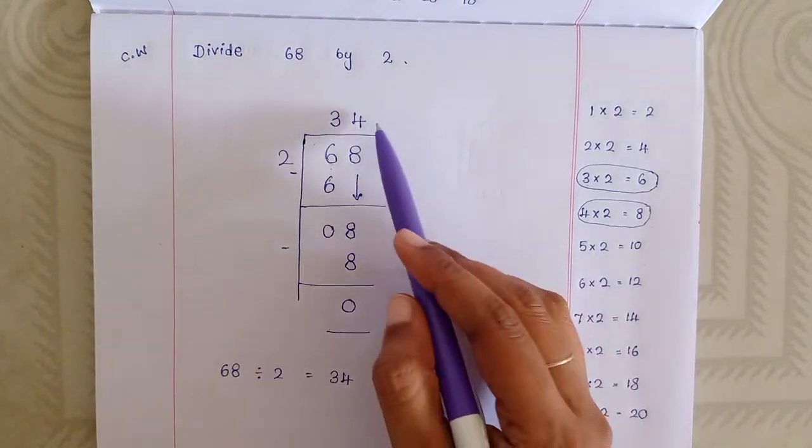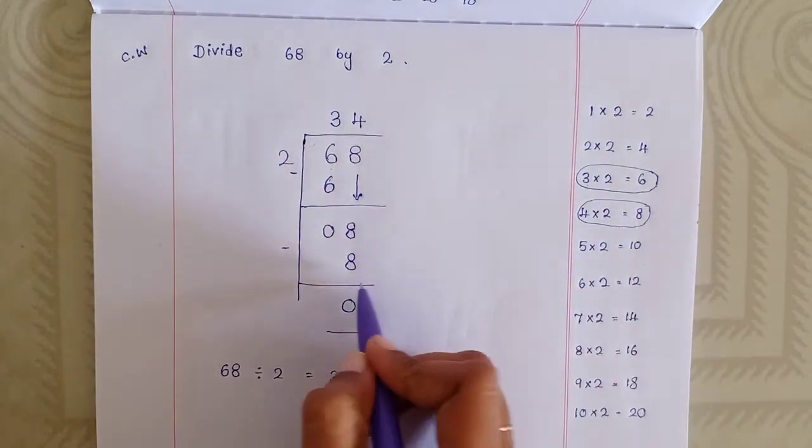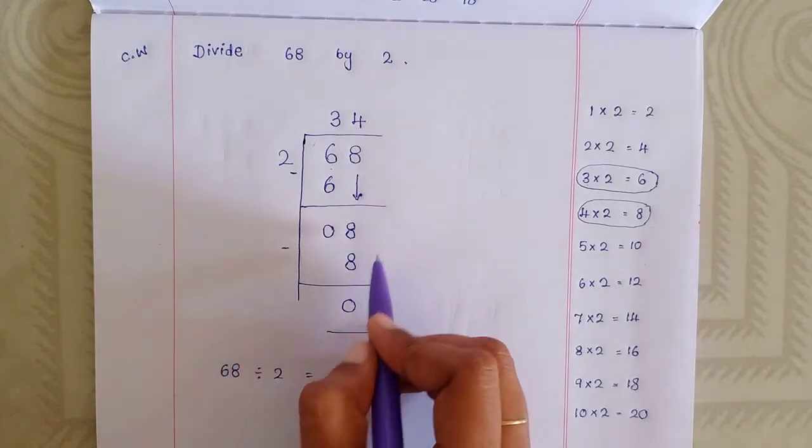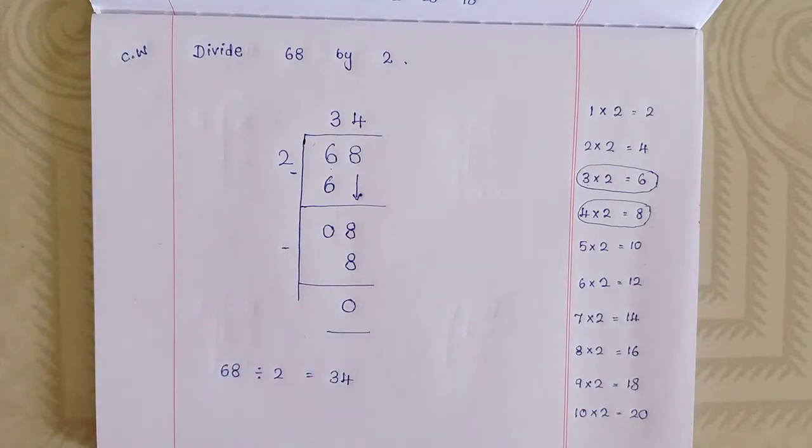Then you subtract 8 minus 8, 0. Now the answer is 68 divided by 2 is equal to 34.